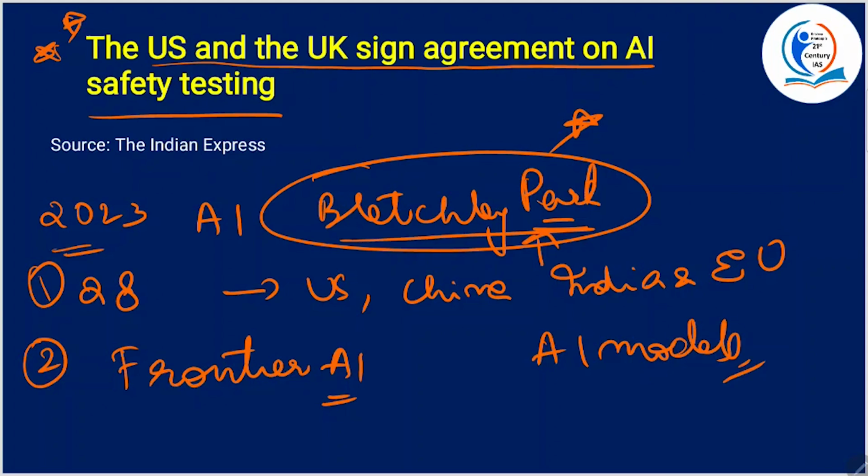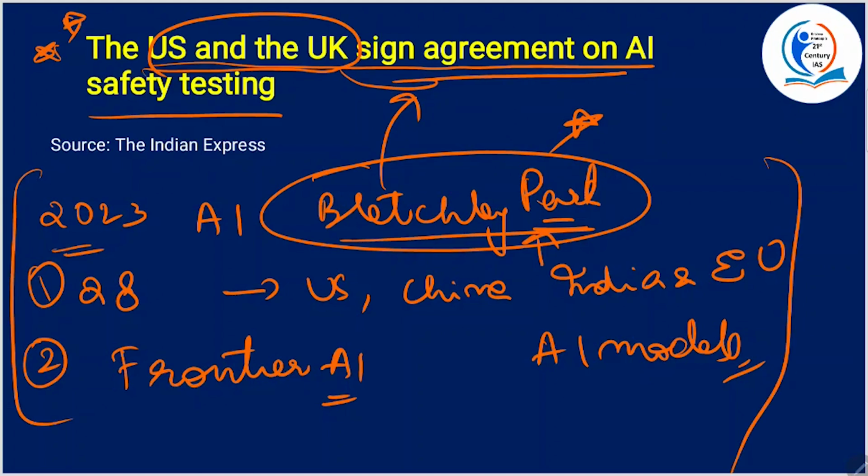Everybody came together and they said, see, we have to use AI for humanity's welfare, and this frontier AI is posing risks. What shall we do? So they discussed few things, and as a continuation, this US and UK have signed an agreement on AI safety testing. This is the context for US and UK signing this all of a sudden.